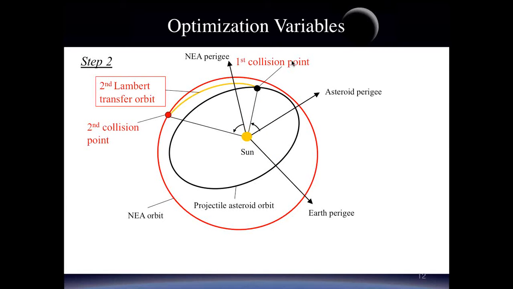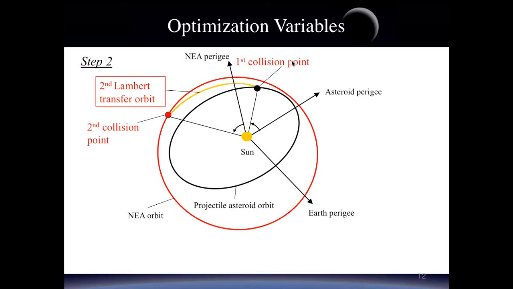And this figure shows the second phase. The red trajectory shows the trajectory of the near-Earth asteroid, and the yellow one shows the second dumbbell transfer orbit from the small asteroid to the near-Earth asteroid.